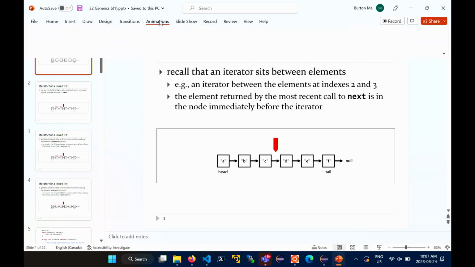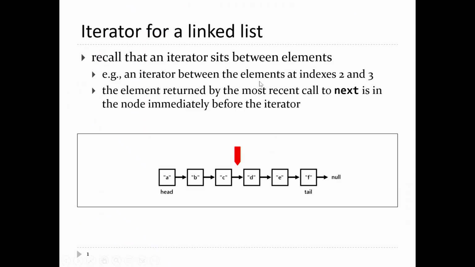Okay, implementing an iterator for a linked list. All right, so just like for an array-based list, the way that you should think about an iterator is that it sits between elements, right? So this iterator shown in red sits between the elements C and D. And so this is sitting between the indexes 2 and 3.